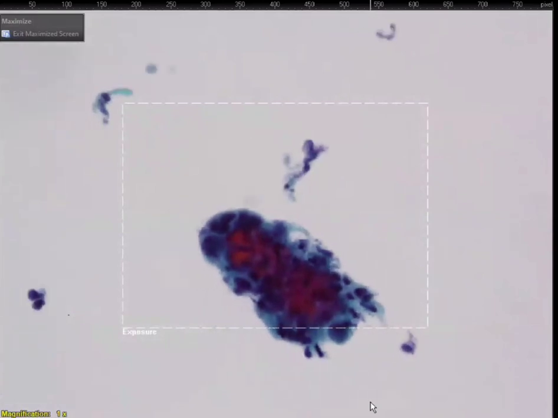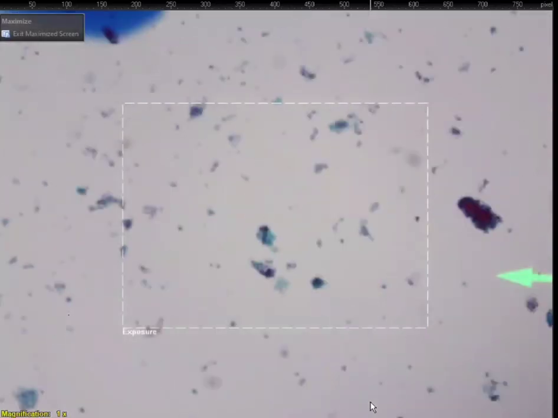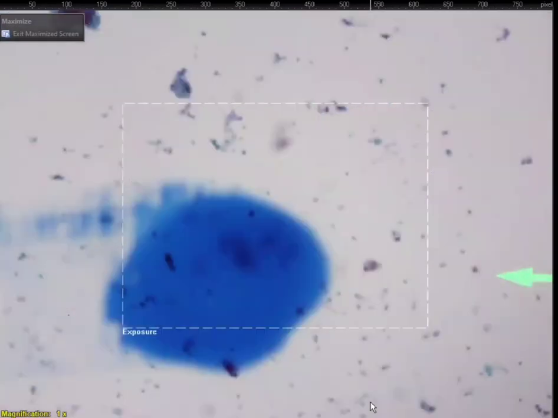And here are some nice, well-preserved squamous cell nuclei. And here, look at those guys. The bottom one is bigger. Lots of atypical nuclei in there. Okay, very good. So another nice one.